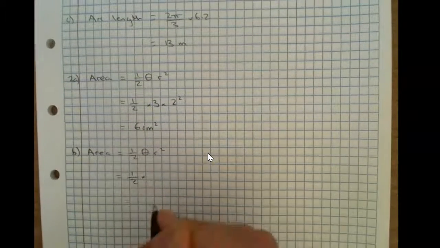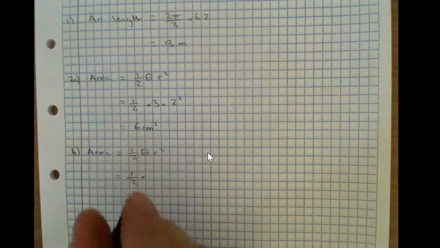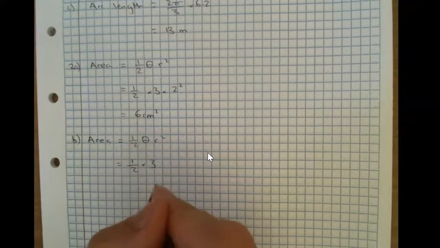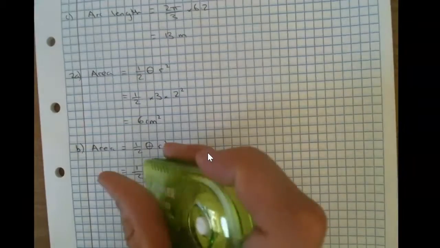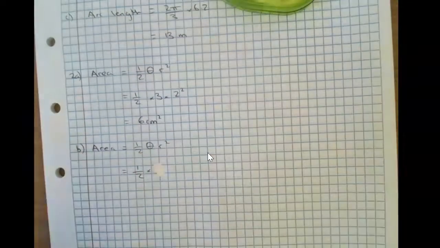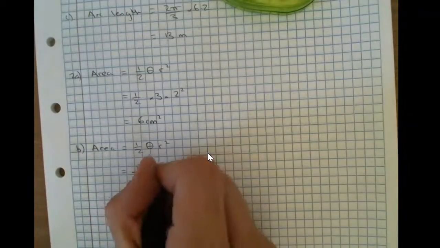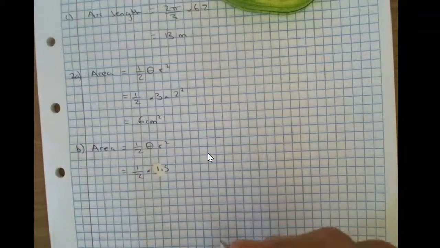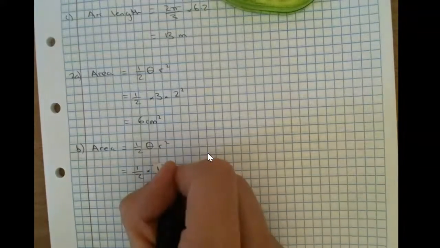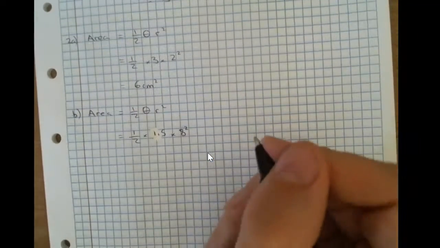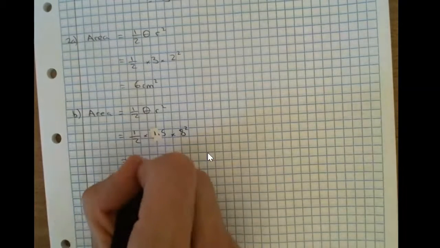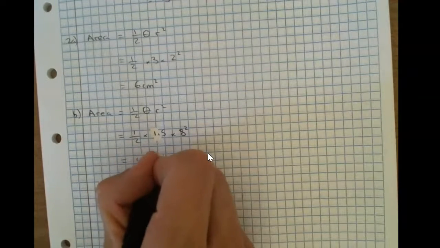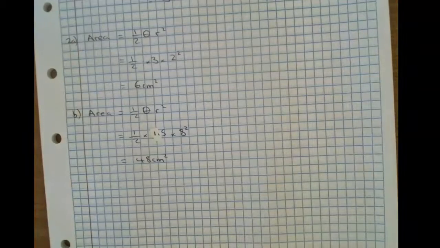So a half times theta, which is, sorry, it was 1.5 radians, times r squared, which is 8 squared. And that comes out to 48 centimeters squared.